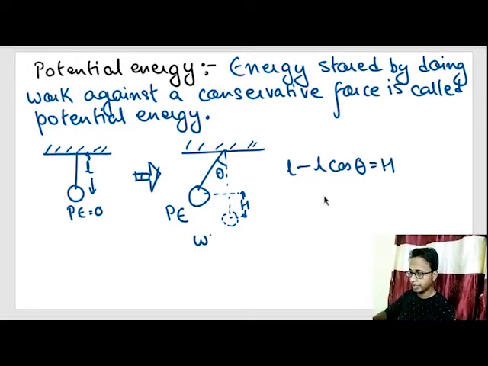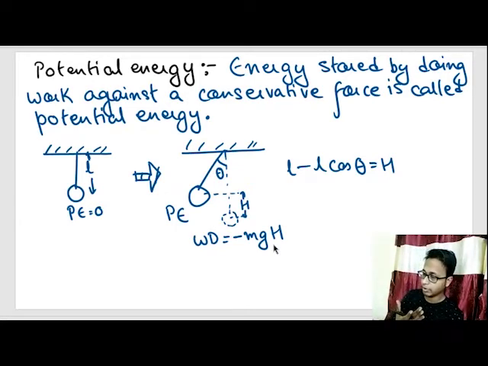Work done against gravity force is equal to minus mgh. Work done against gravity force in lifting a ball from here up till here is given by minus mgh. But sir, you said this work done is against a conservative force, and our displacement was from here to here. So how is it mgh? Okay, we'll show this in the next slide. For now, just remember, work done in lifting of a pendulum is mgh.